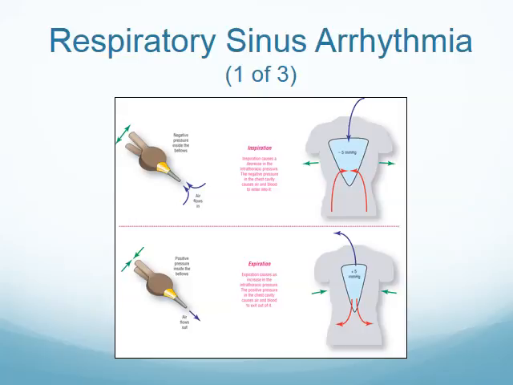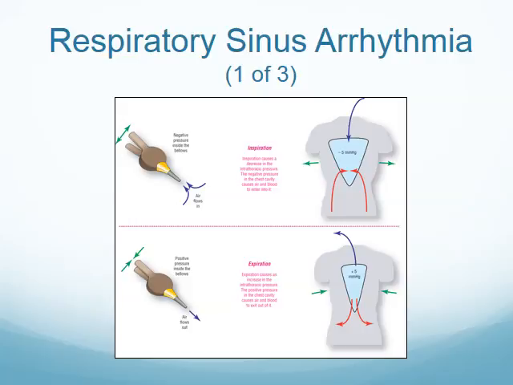In respiratory sinus arrhythmia, we have to consider what's going on as we're breathing. As we breathe in, we're going to create a decrease in the intrathoracic pressure. There's a negative pressure in the chest cavity that's going to force blood into the heart and the lungs.